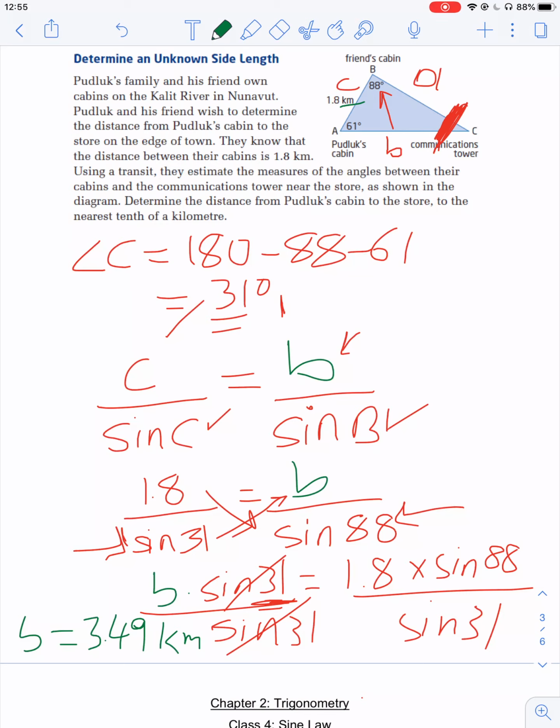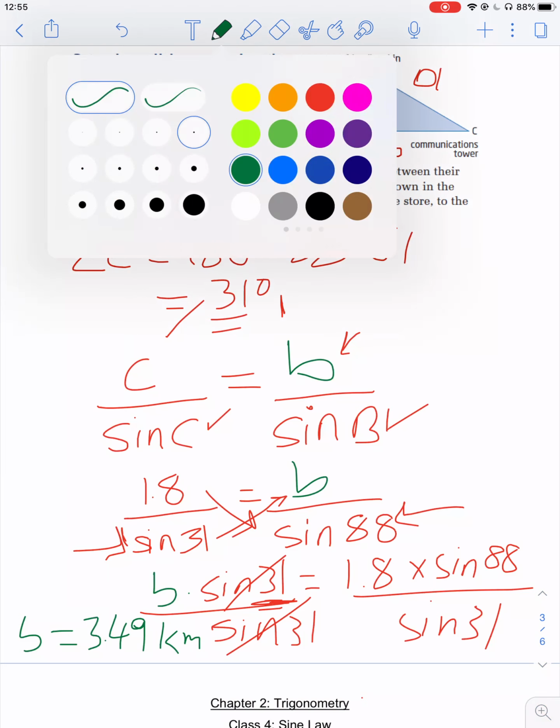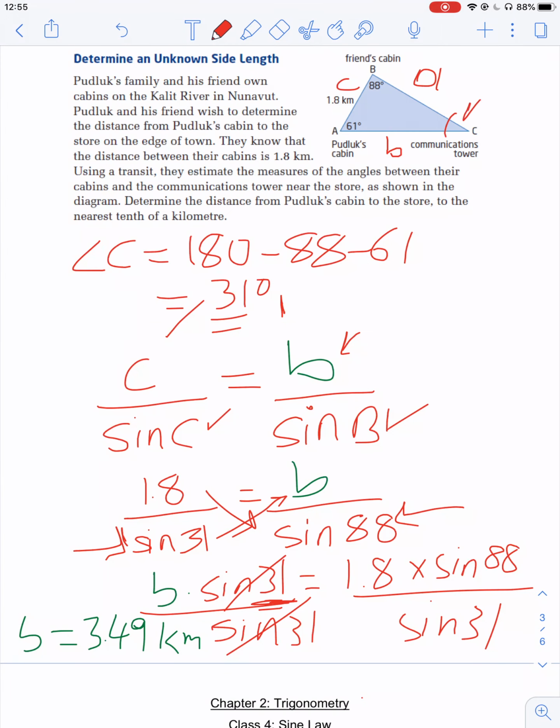Now, one thing that I'm going to point out is if you go back to the original picture, something to keep in mind. So we knew what angle C was, right? Angle C was actually 31 degrees, okay? Now, we knew what angle C was and we knew side C, so this is the ratio that we used. And then using angle B, we were able to figure out what the side length B was, okay? Now, because you see angle B is 88, right?